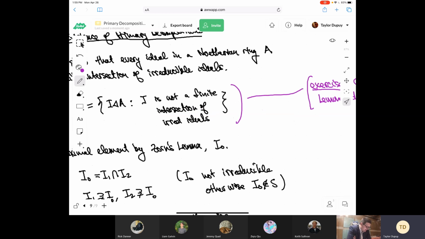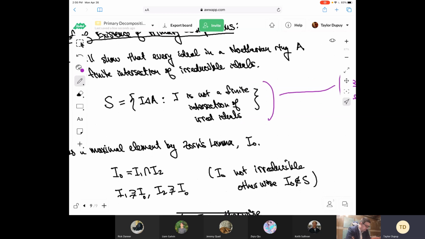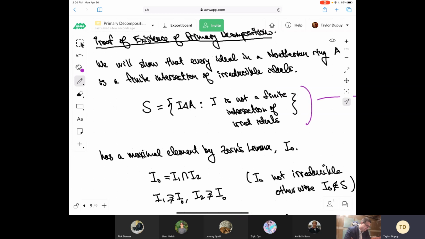So what do you need for Zorn's lemma? You need every chain to be bounded by an element, right? Not necessarily in the set. Okay, and I don't know that off the top of my head.